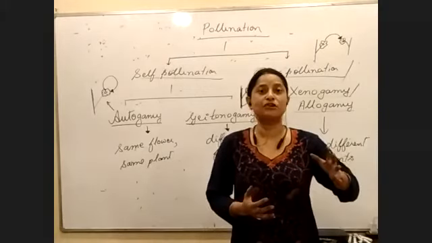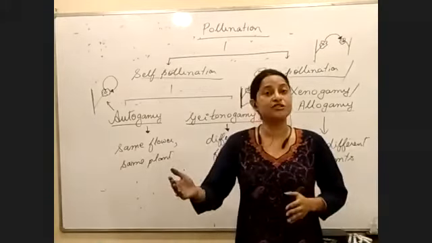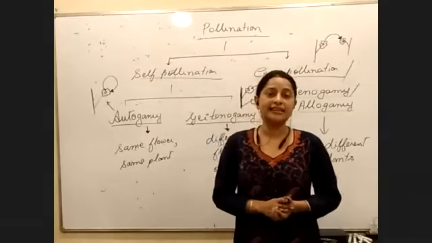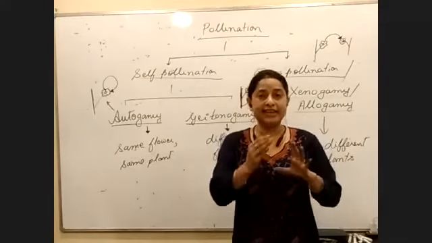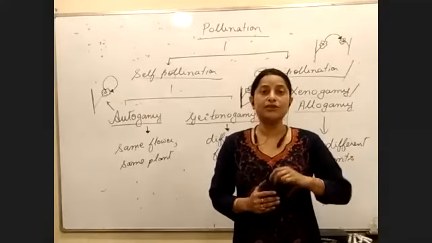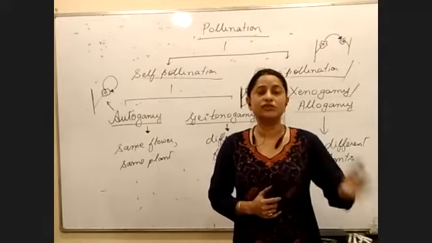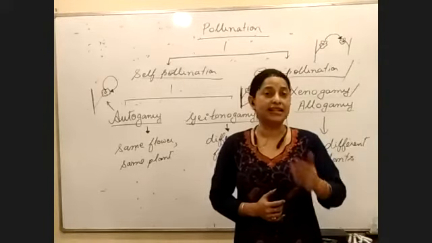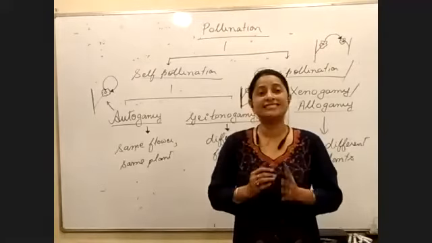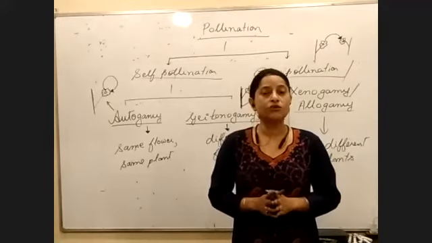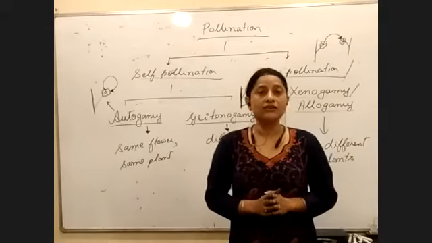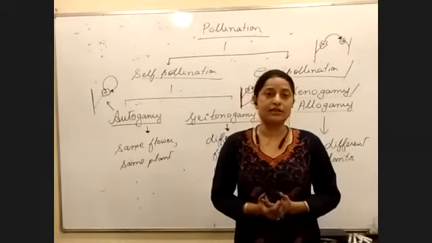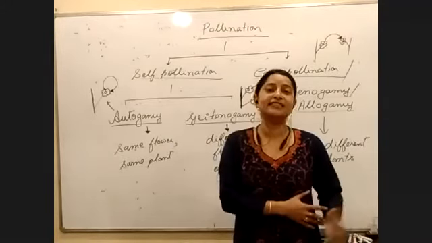Nothing of that sort. In a particular plant, there should be certain conditions. We'll be talking about terms like unisexual, bisexual, homogamy, heterogamy, heterostyly, etc. So ultimately, which type of pollination a plant undergoes depends on the conditions present in the plant.